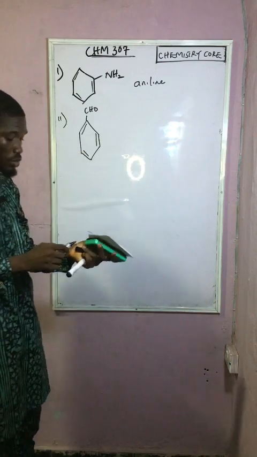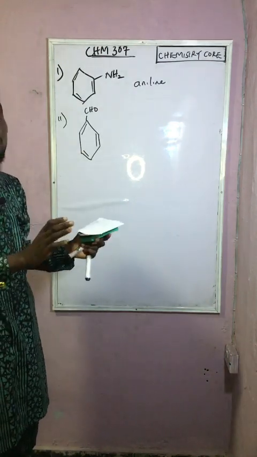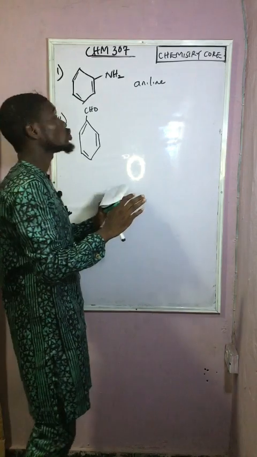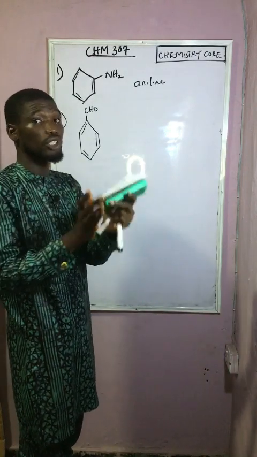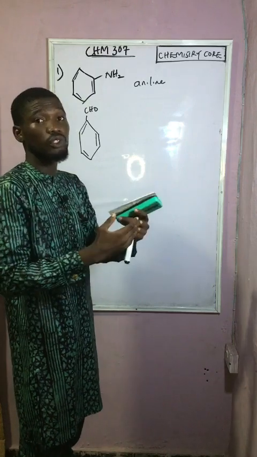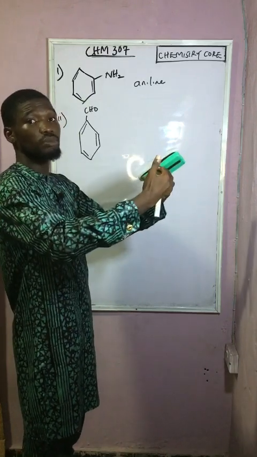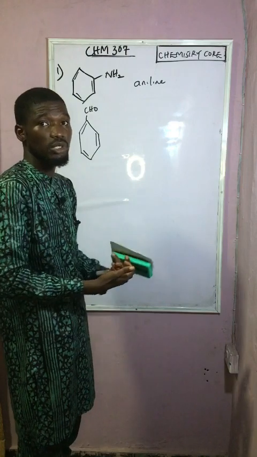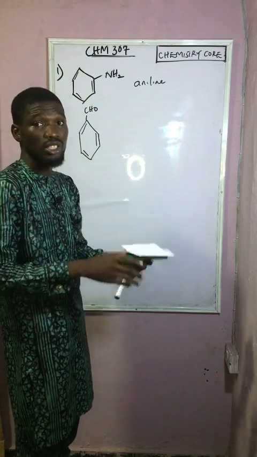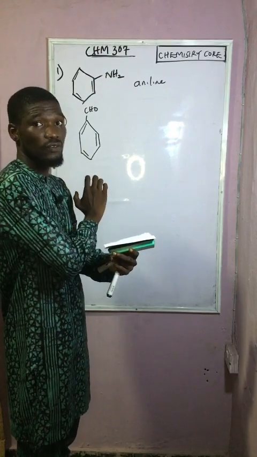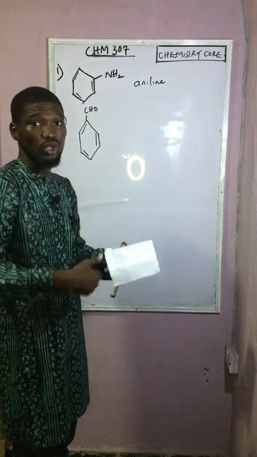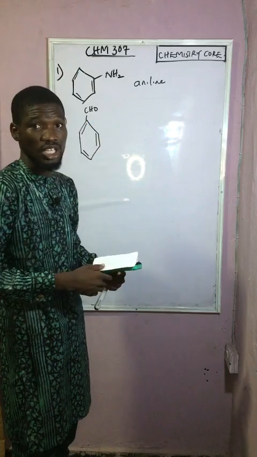Exactly. Now, the second structure goes thus. The first thing you need to know when it comes to organic chemistry naming is that you need to know how you can easily identify the functional group. Don't worry, I'll be dropping a video for functional groups from alkane down to carboxylic acids, down to alkanoates, which is what? Esters, or more than that. But tonight, let's focus on what we have here based on one of our students in Lagos State University.